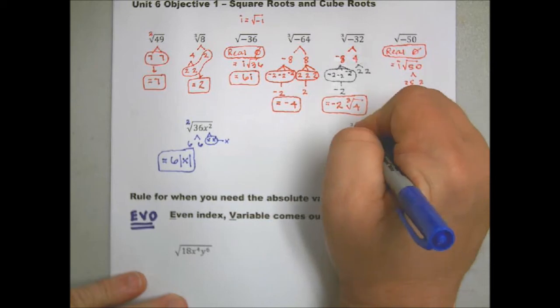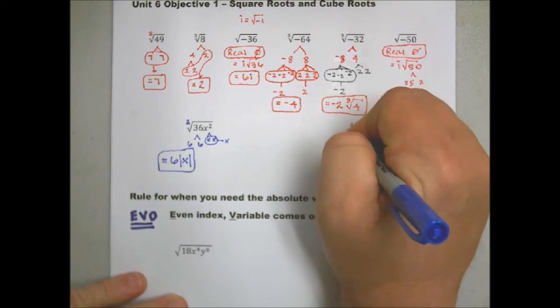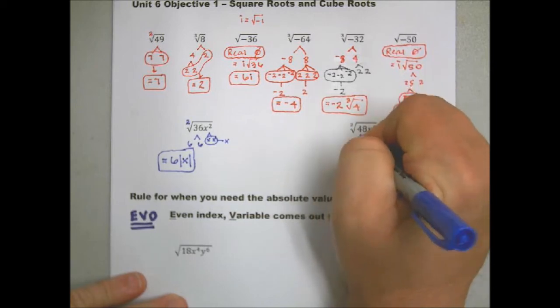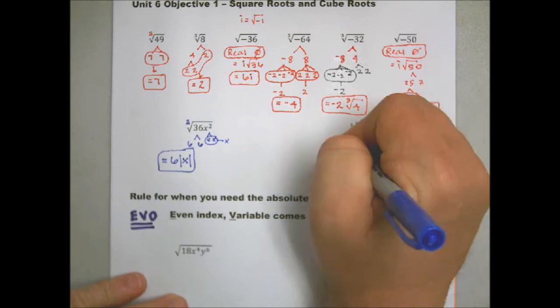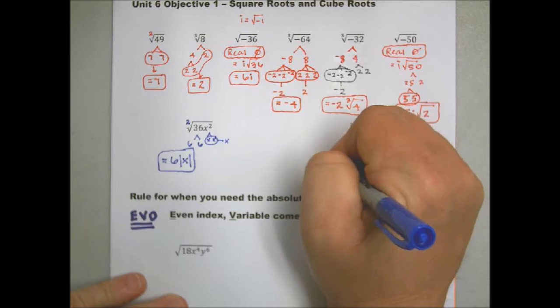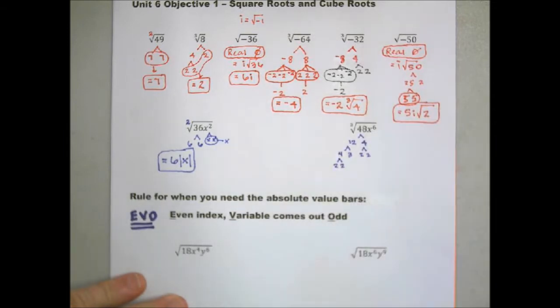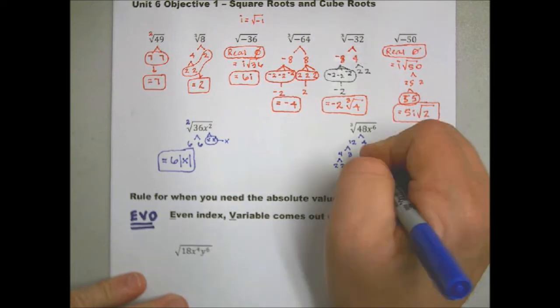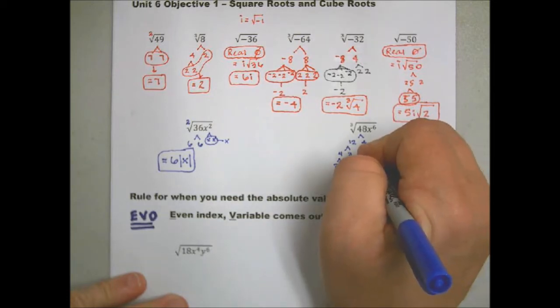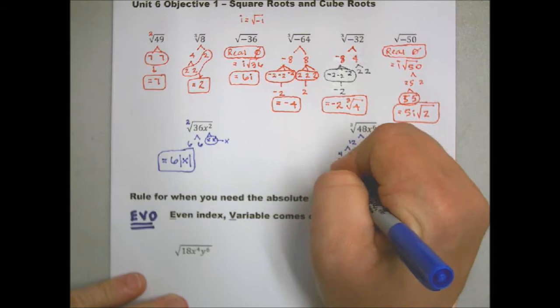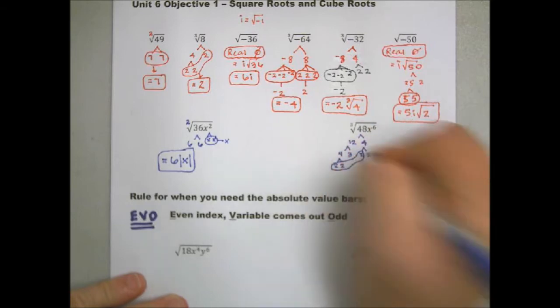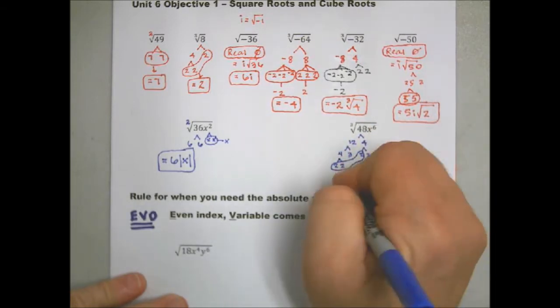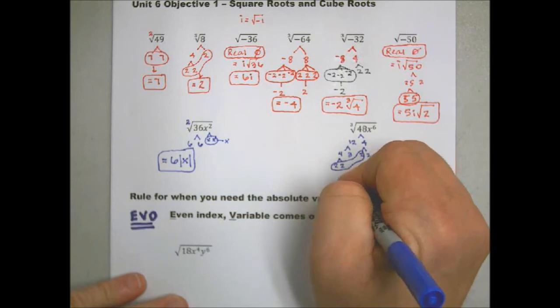So if I break down 48, 48 is 12 times 4, 4 is 2 times 2, 12 is 4 times 3, 4 is 2 times 2. So since I'm dealing with cube roots, I'm looking for things that will group up into 3. And sure enough, there's 3 2's right there. So one of them can come out.